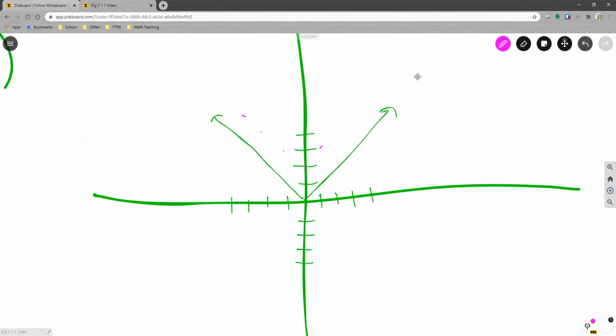And what that does is it creates our V-shaped graph. But in this case, it looks like it's been moved up a couple notches. In fact, we can say that j of x is translated two units up.